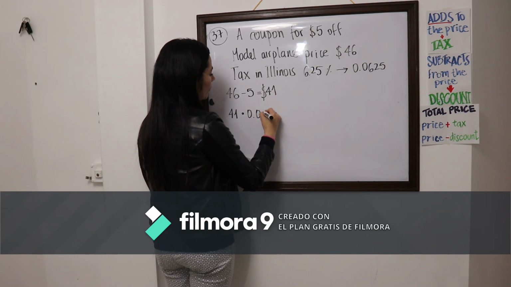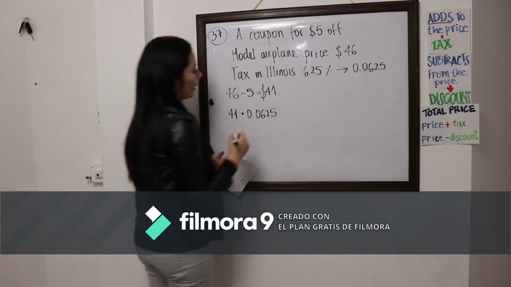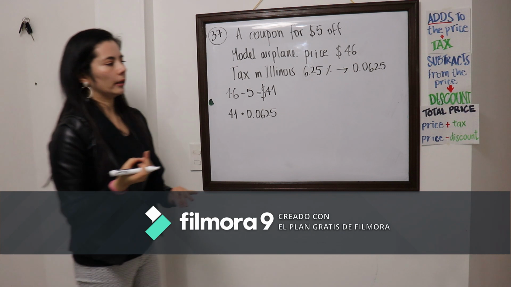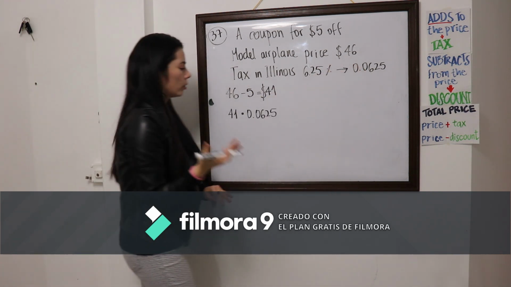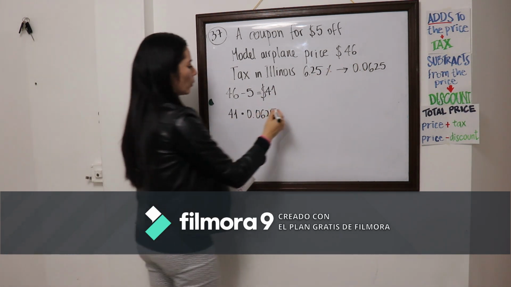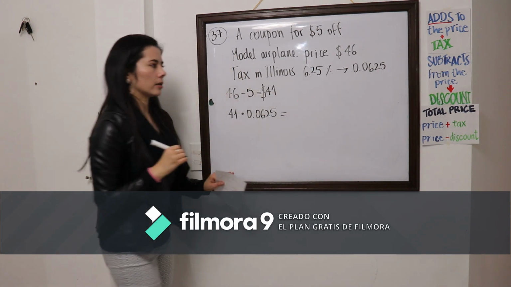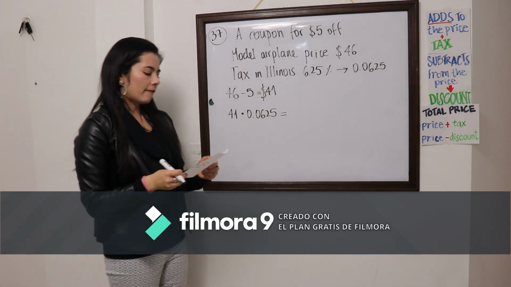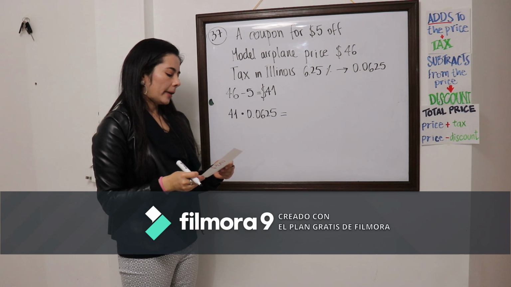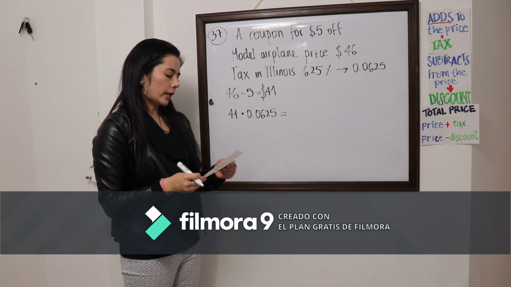Now, can I do the proportion? Sure you can. Can I work with the decimal? Also you can do it, okay? Either way is fine. You're gonna get the same answer. This is just probably a little bit faster. But it's all about the way you see it, all right?